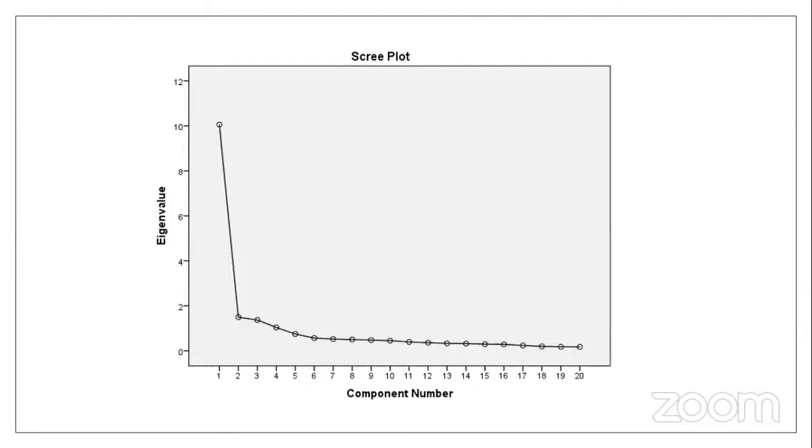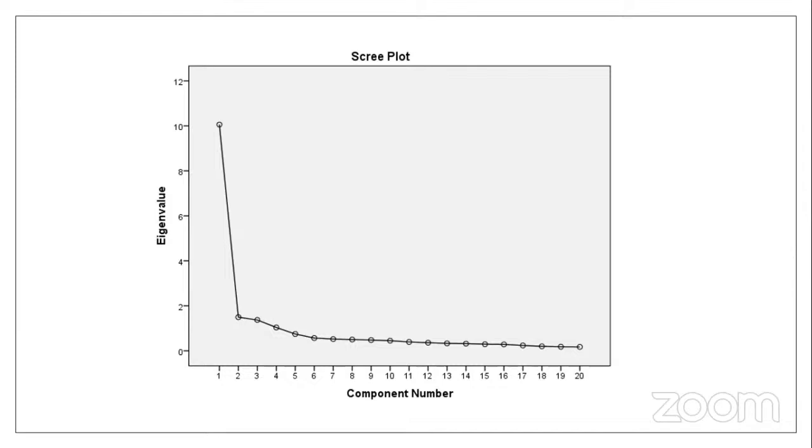Okay. Coming to the scree plot, right? This is the scree plot, which basically plots the eigenvalues for each of the components which are extracted. As we know, there are 20 components we just discussed. Out of these 20 components, you can see the first, second, third, and fourth. Till the fourth component, the eigenvalue is more than 1. As you go further, you see that all the other components have eigenvalues less than 1.